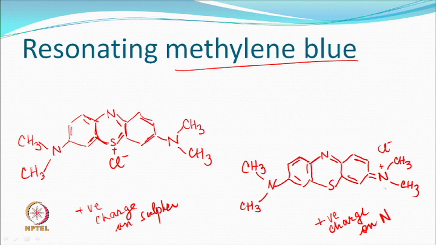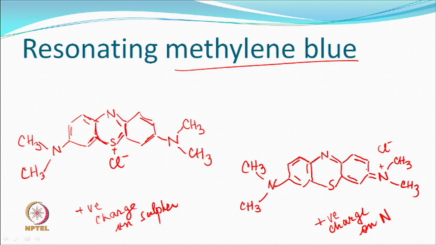So, if you have this type of structure which also resonates and also remains somehow conjugated, here there was a conjugation because of sulfur, here you have it through any link that you can make, and so the color remains stable, it does not change.